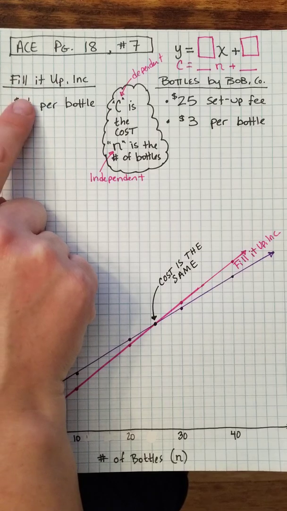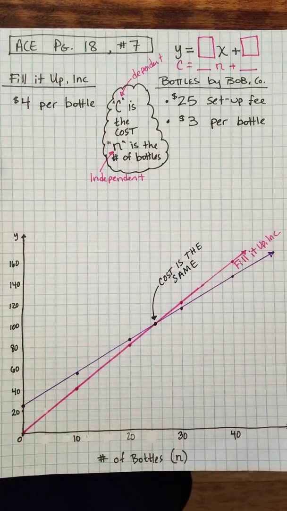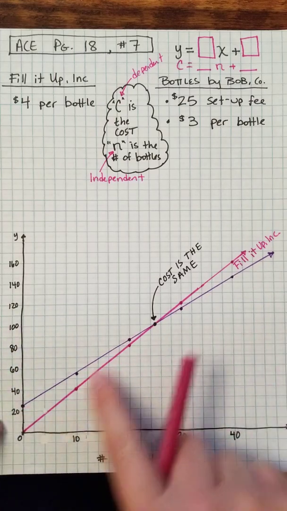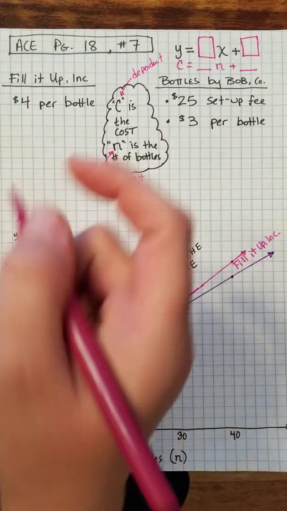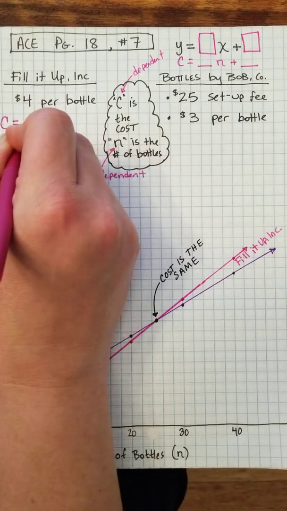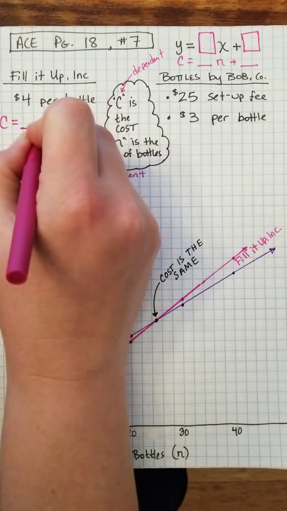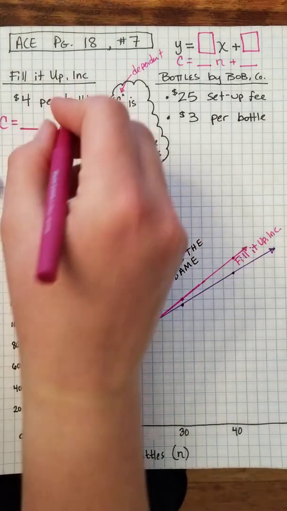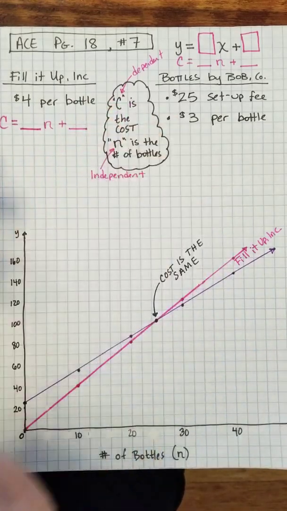All right, so if I use that equation for Fill It Up, Fill It Up actually is pink down here, so I'm going to stick with pink. I'm going to have C is equal to some sort of rate multiplied by the number of bottles plus a starting point.